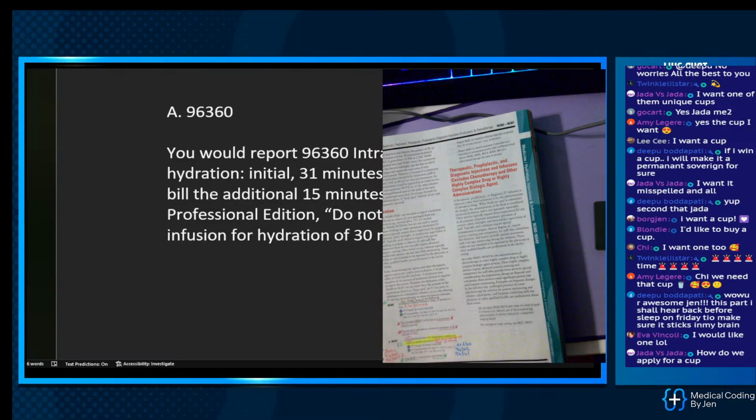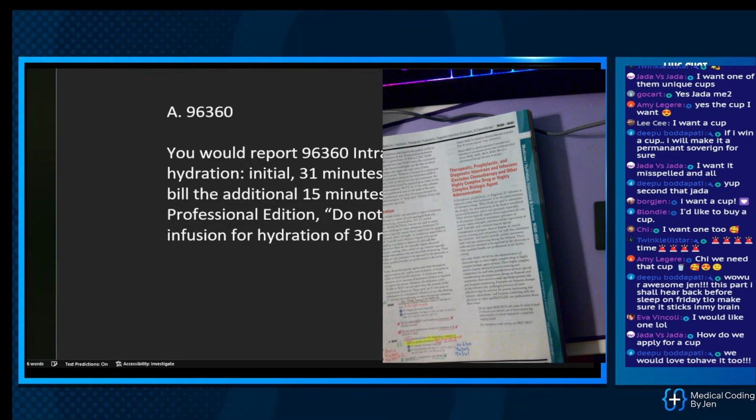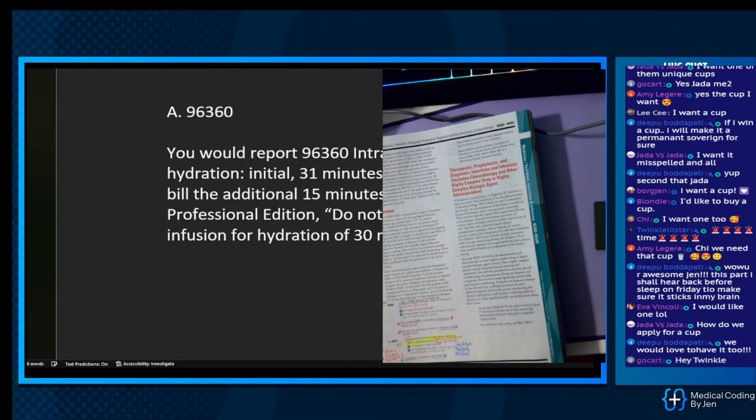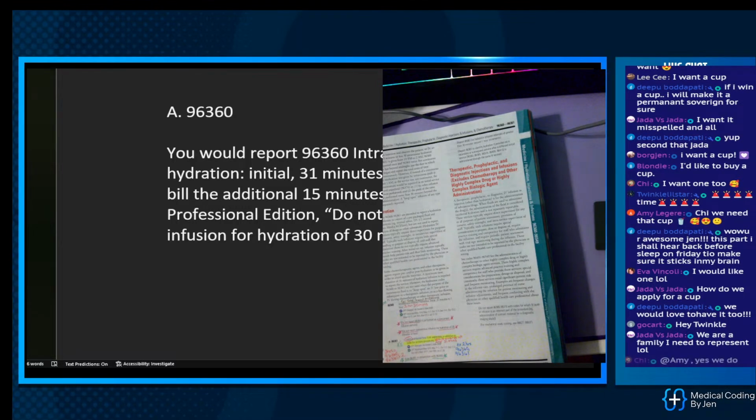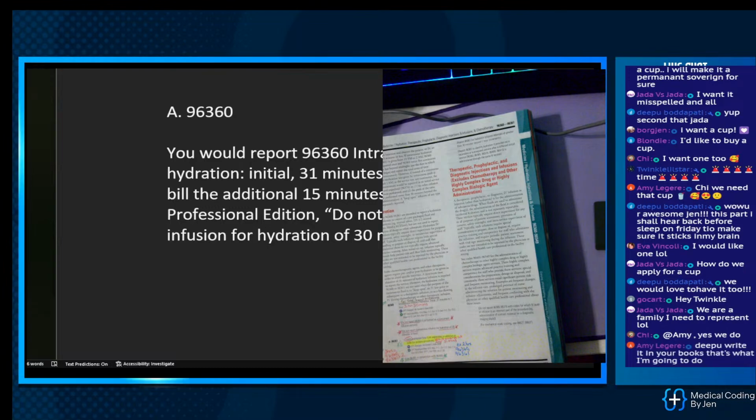If it's a descriptor, like a 99213 versus a 214, a lot of times it's the cheaper procedure, but they're trying to trick you and make you think you need to bill a higher one. So a lot of times it's just the lower number.